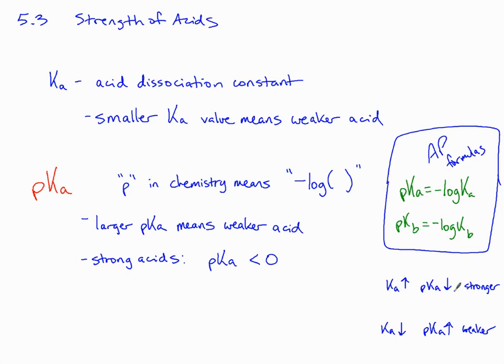Whereas if you consider something like acetic acid, where its Ka value is something on the order of times 10 to the minus fifth, times 10 to the minus fifth is really 0.0000 and then your first number. It's very small, but its pKa, the negative log of that exponent, would be 5. And so smaller Ka, larger pKa, weaker acid.